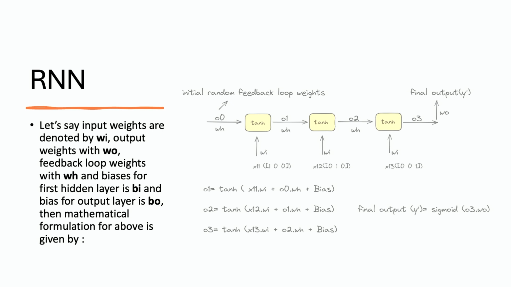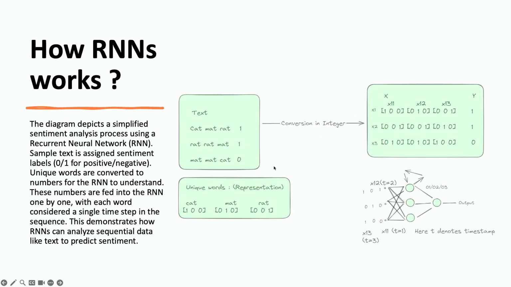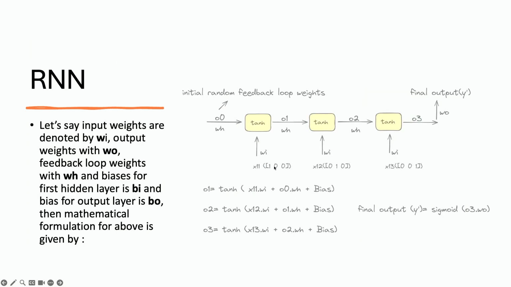Here, as you can see, we represented these features with binary numbers, and we provide this data in a sequence to the neural network sequentially.